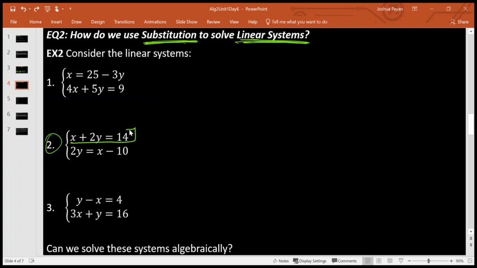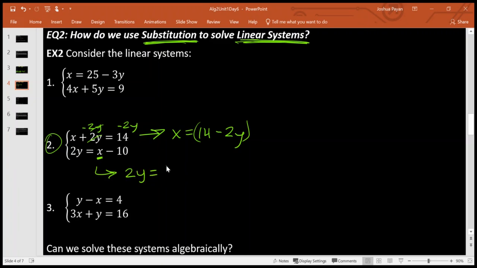Here, however, if I just do one simple step, namely minus 2y to both sides, well, now x is by itself. I have x equals 14 minus 2 times y, right? Simple enough. So now I know what x is relative to y, and I can take x and plug it in here. So I can say 2y is equal to x minus 10, right?